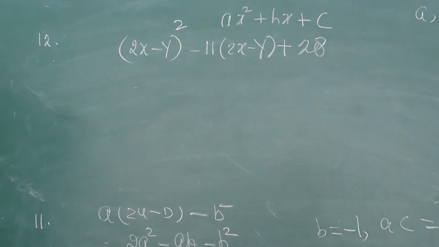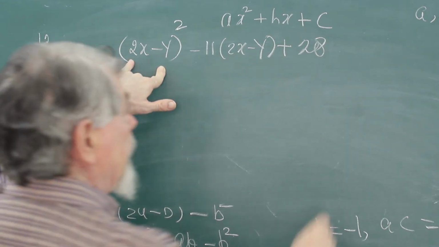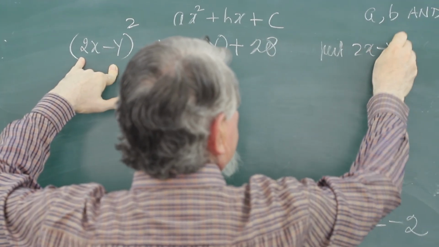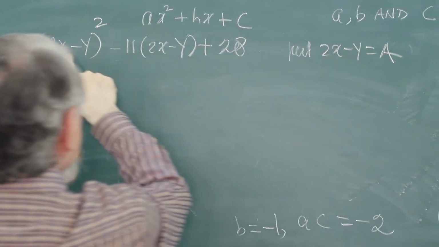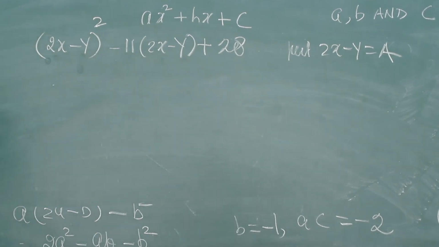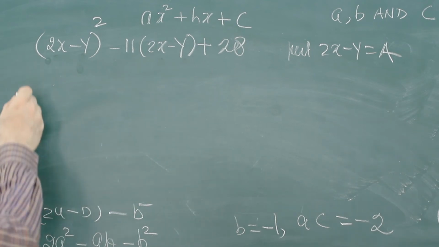I can simplify it by putting 2x minus y as a. It is a here, 2x minus y here also. I can open it also and make it more complicated, but I will simplify it.